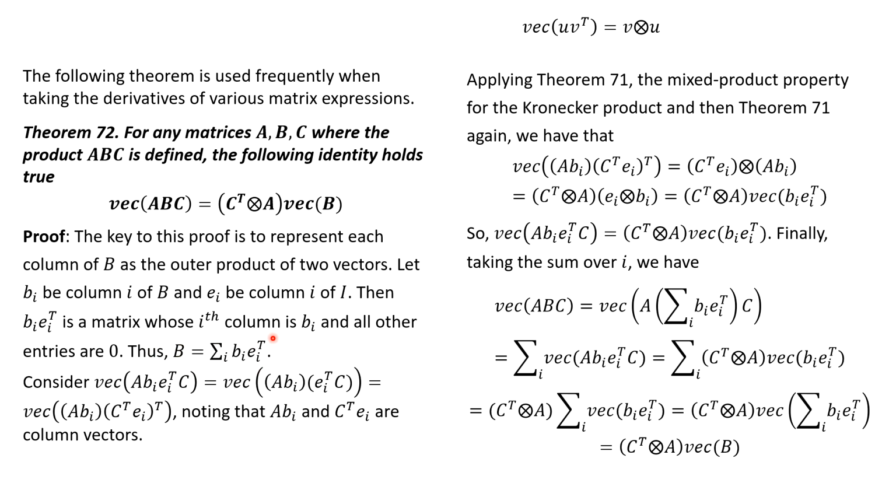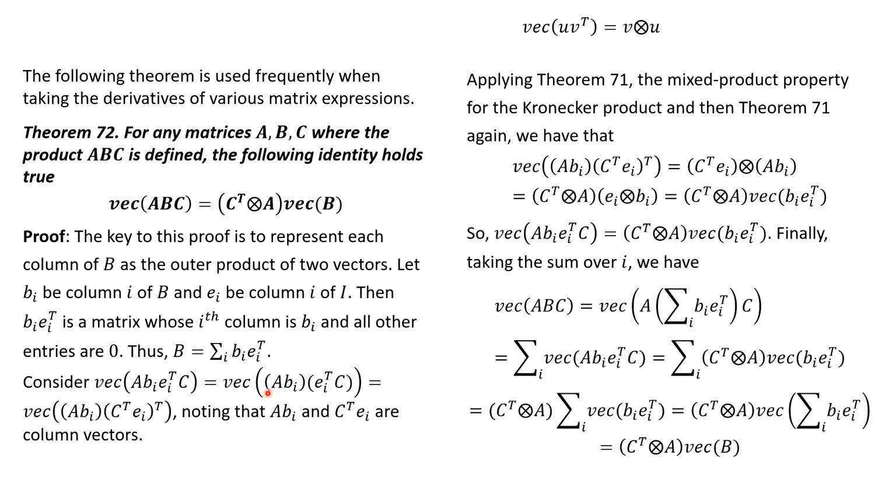Okay, and that's the trick to the theorem. So just to give you the plan, we're going to take the vec of A times this term times C. So this is not B yet. And then at the end, we're going to do a summation over all of these to get B. But first we'll work with this bit of the problem.